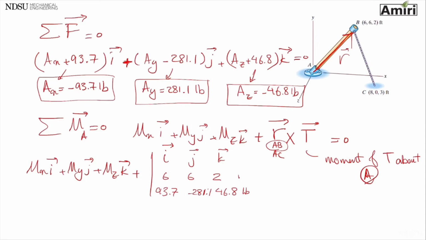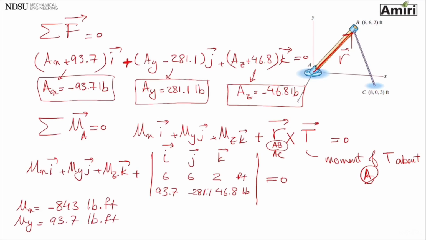This is pounds, this is feet, equals 0. So if you do the math, you're going to get MX of minus 843 pound foot, MY of 93.7 pound foot, and MZ of 225 pound foot.